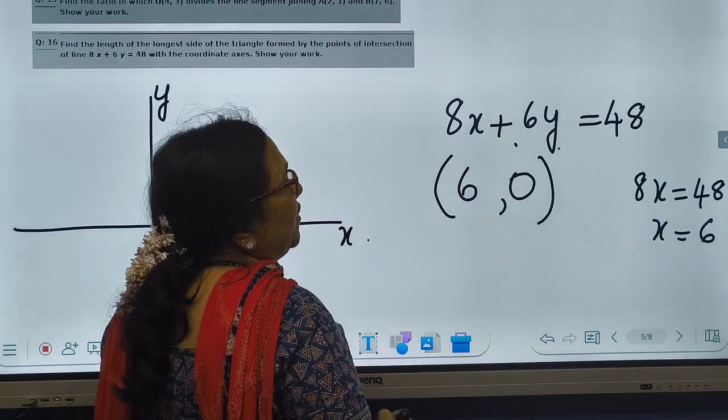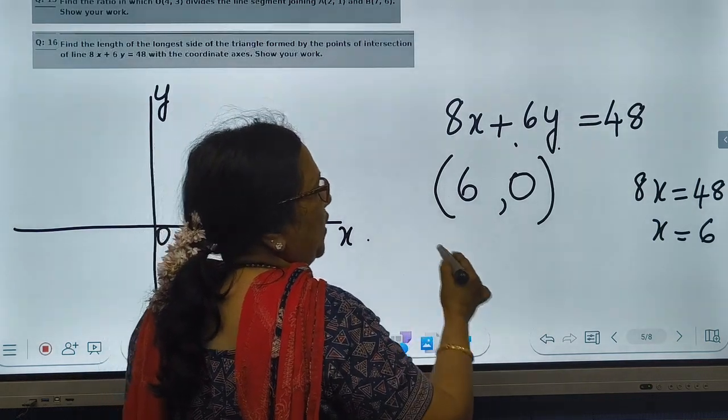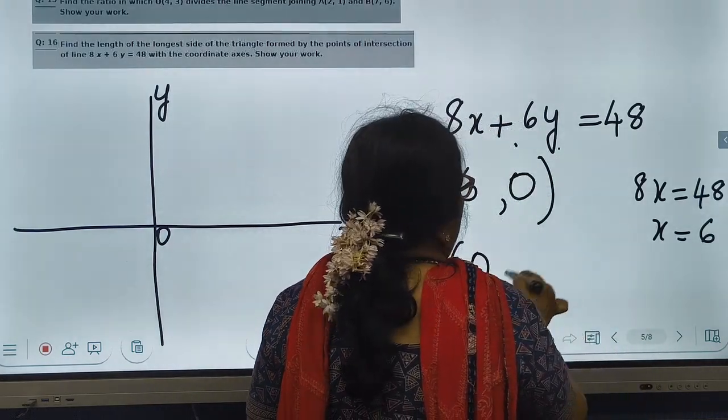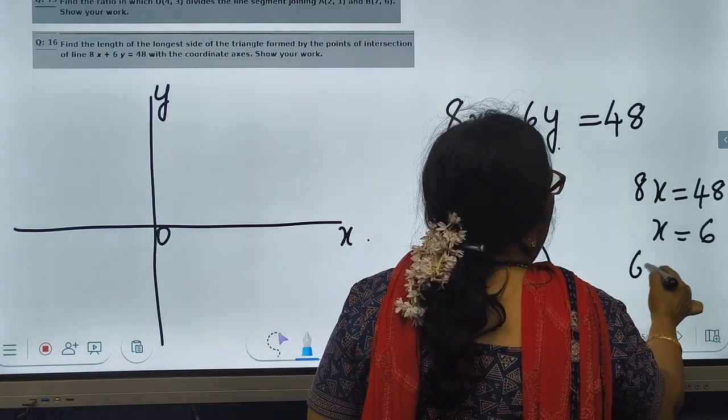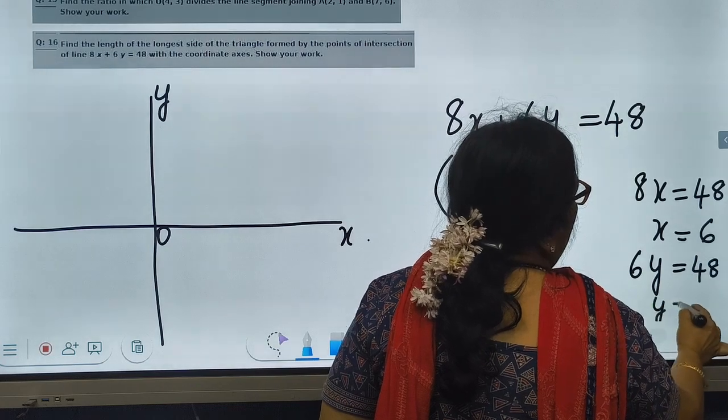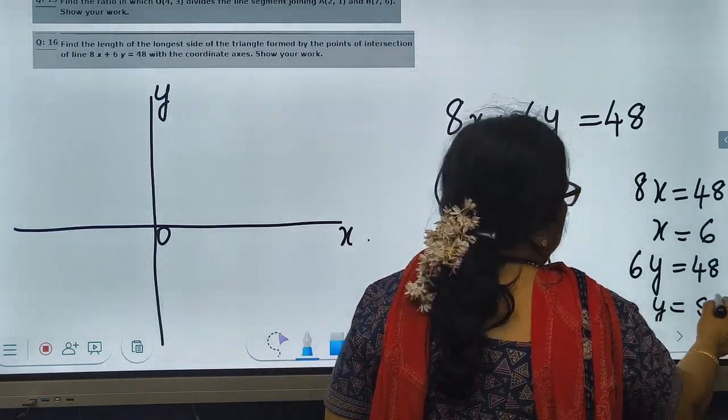In order to find where it intersects the y-axis, put x equal to 0. So when I put x equal to 0, you get 6y equal to 48 or y equal to 8.